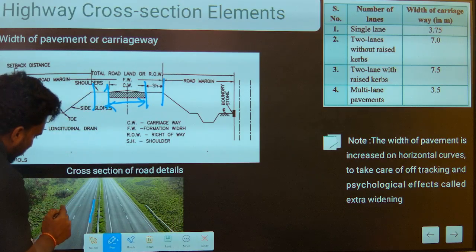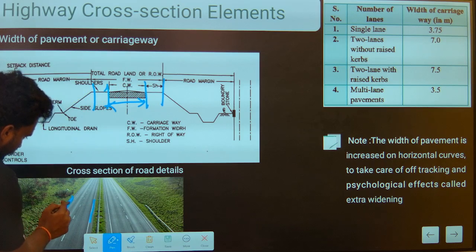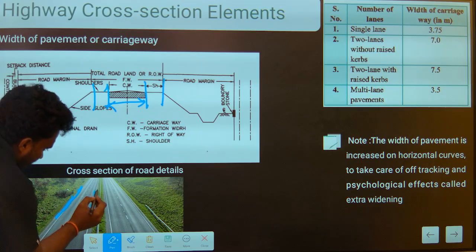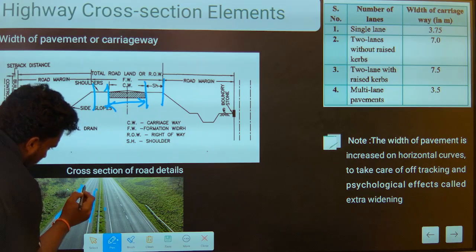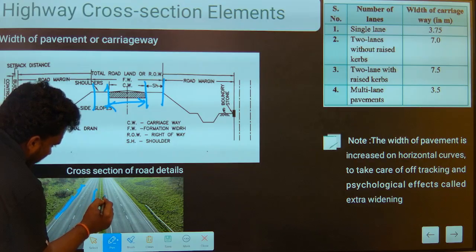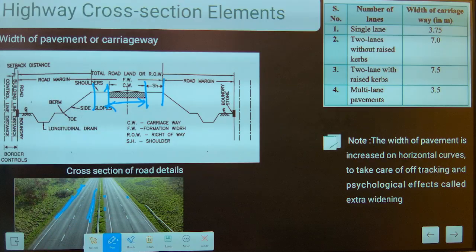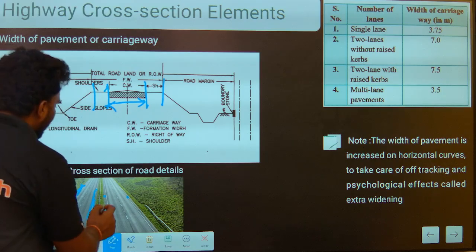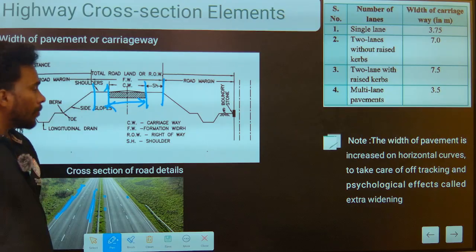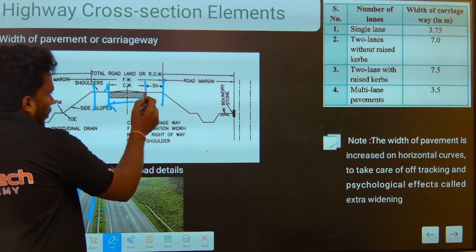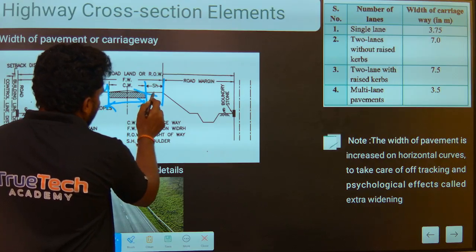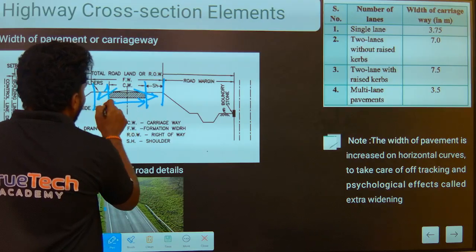This is the carriageway where the vehicle is traveling, and these are the shoulder widths. The main function of the shoulder is to support the load, to distribute the load coming from the carriageway.